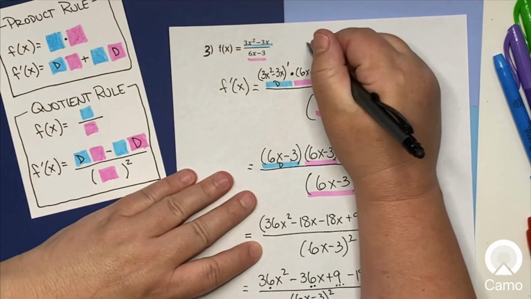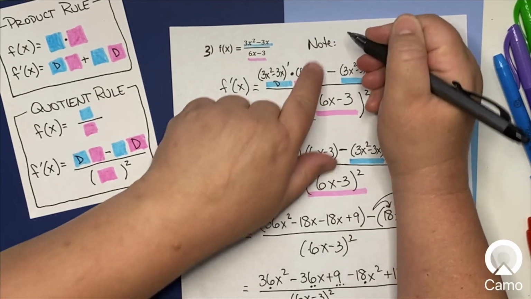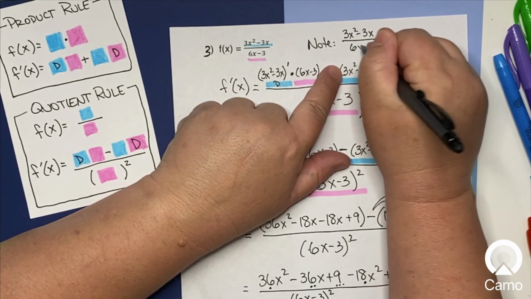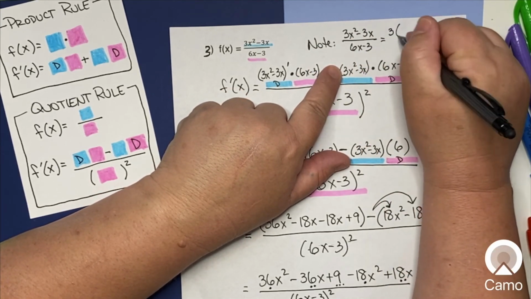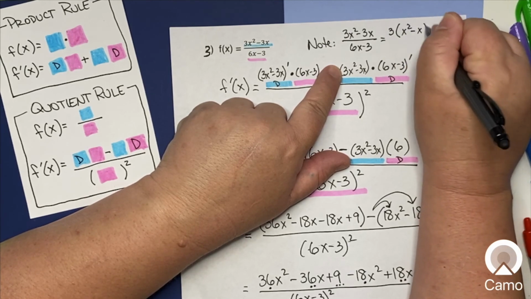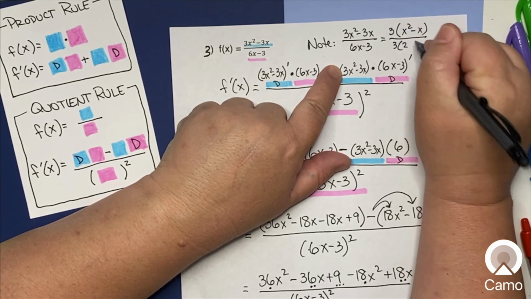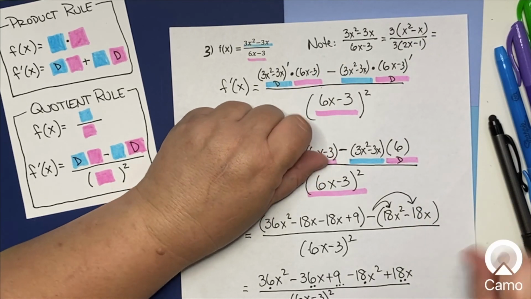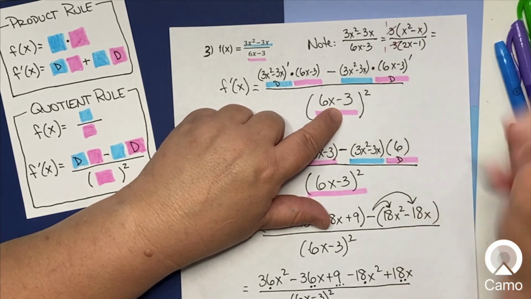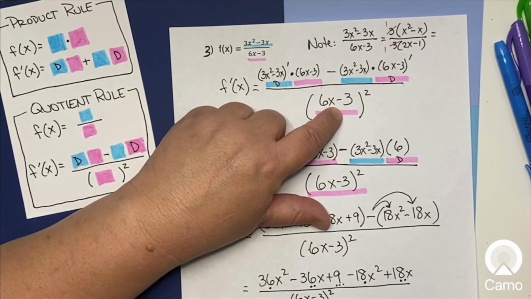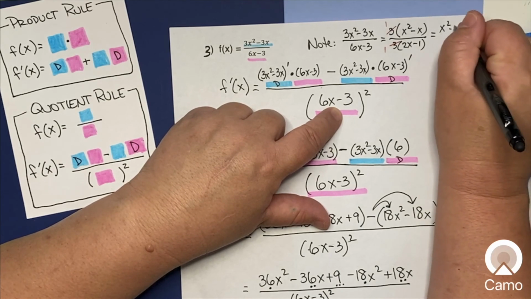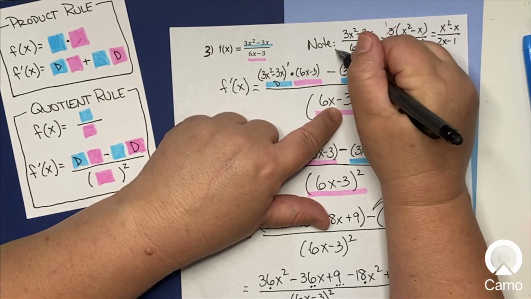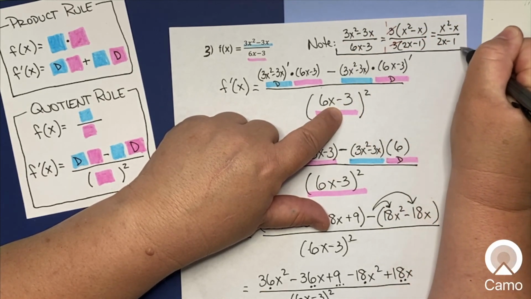So, note, 3x squared minus 3x all over 6x minus 3 is equal to 3 times the quantity x squared minus x all over 3 times the quantity 2x minus 1, which, if we had seen in the beginning, is just x squared minus x all over 2x minus 1. So this is just a little note. I'm going to leave this up here.